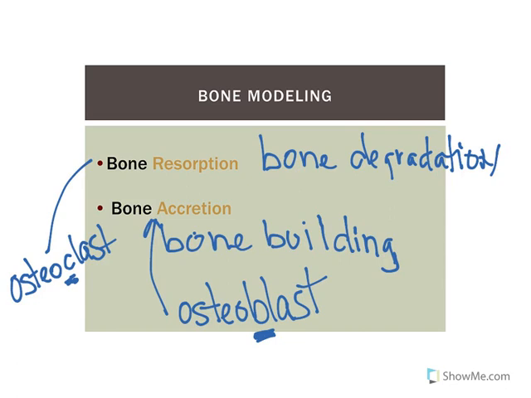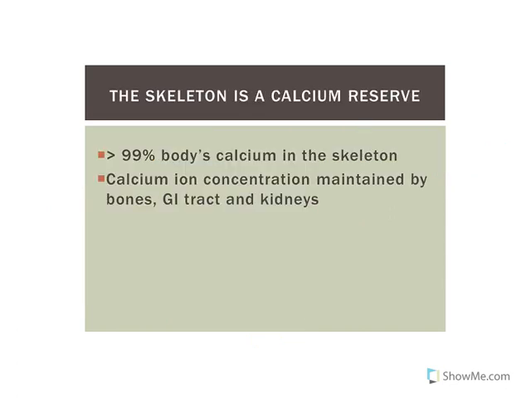The first thing that's going to be involved in bone remodeling is that we've got to talk about the skeleton as a calcium reserve, because blood calcium levels are a very important component of bone remodeling. Most of your body's total calcium is found in bones. But there are a number of different organs involved in maintaining adequate blood calcium levels.